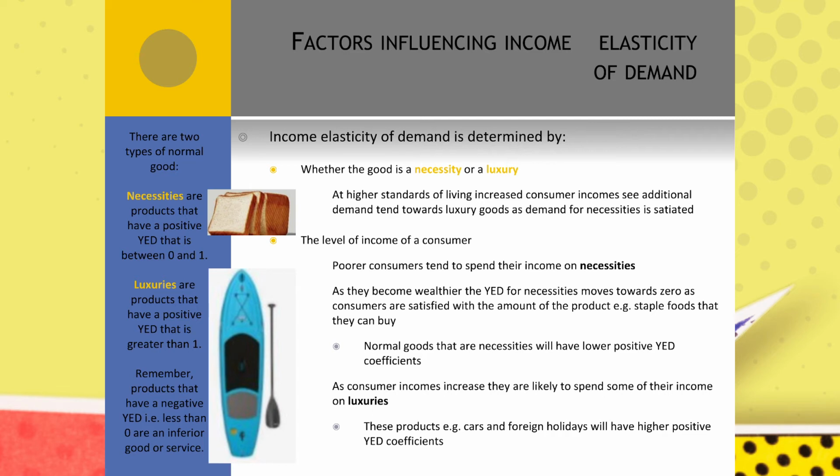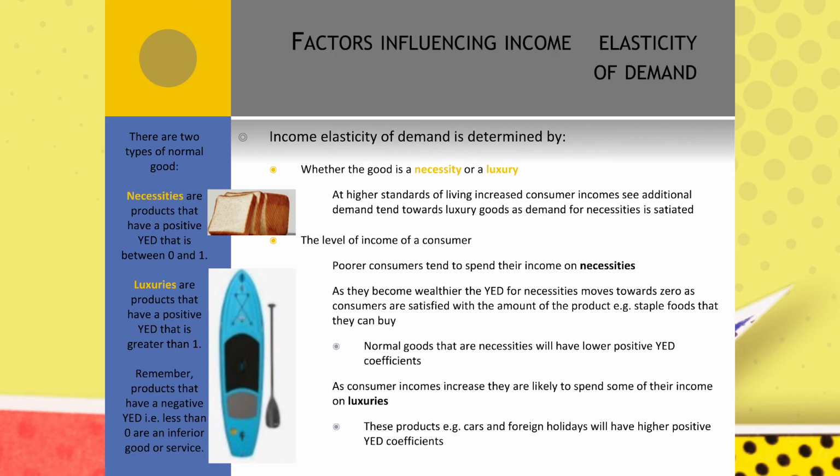And then as they become wealthier, they can start buying other goods. So normal goods are necessities that will have a lower positive YED. And then luxury goods, for example, cars and holidays, they will have a higher positive YED.